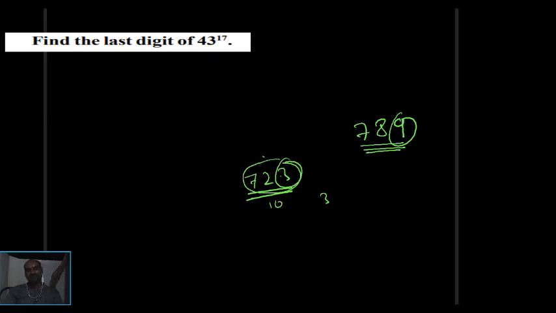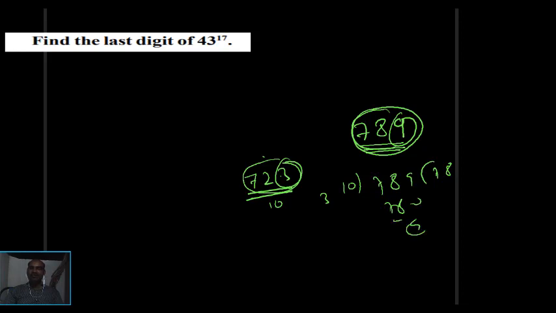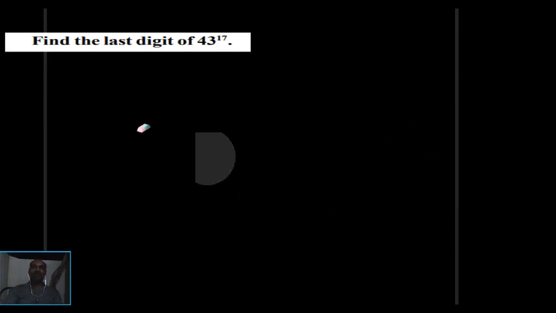Both are the same. The last digit of 789 is the same as the remainder when 789 is divided by 10. I say 10 because 780 is divisible by 10, 78 times, and 9 is the remainder. Understood? So for the last digit, we want to find the remainder when that number is divided by 10.